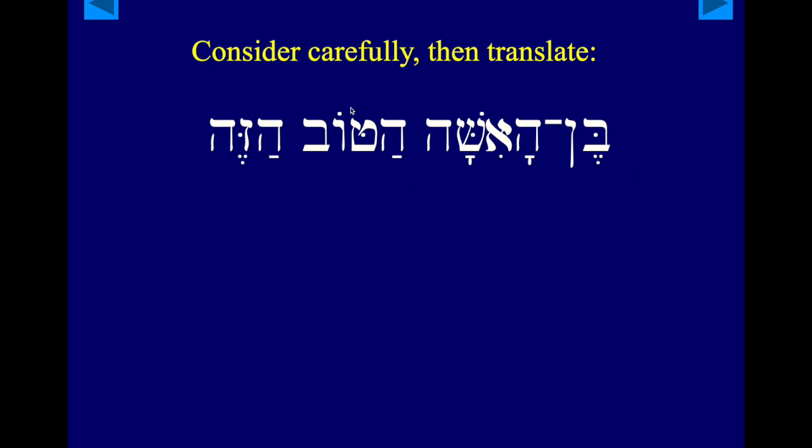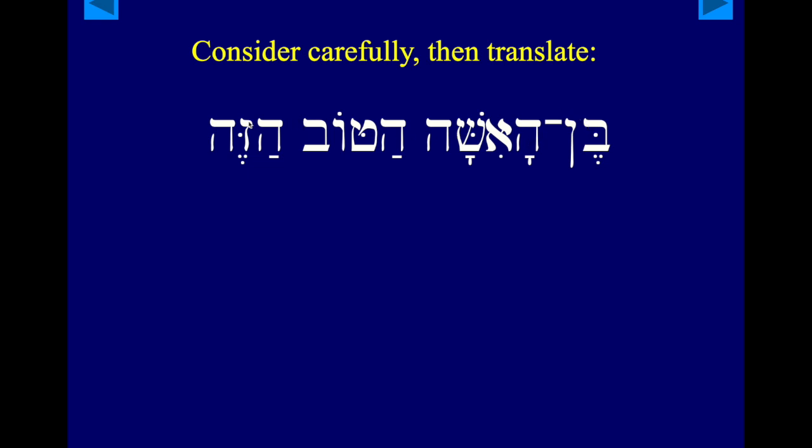But then we have these adjectives and demonstratives that come afterwards. Ha-tov, ha-zeh, the good one, the this. But do these describe the woman or the son? Which one is good? Is it this good son of the woman, or the son of this good woman?